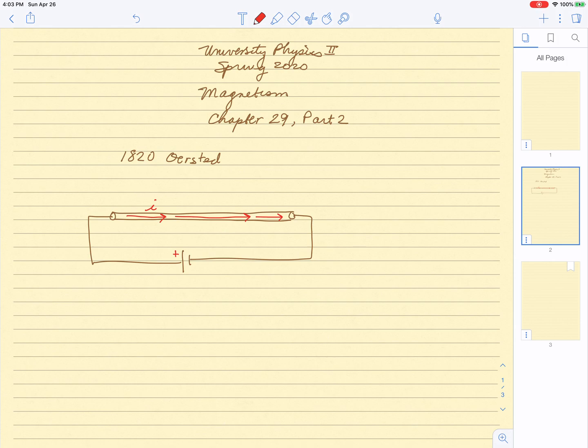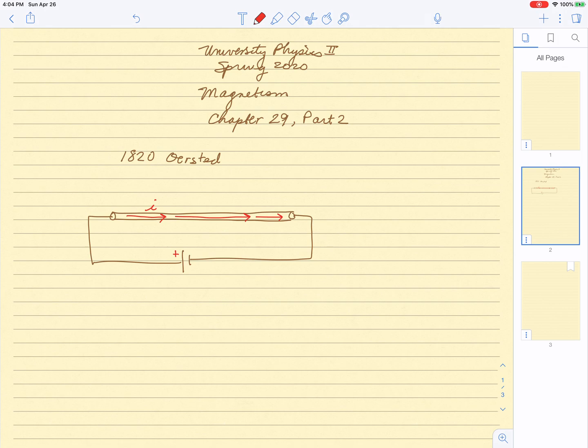And what Ørsted noticed is that when you brought a compass near that wire, the compass responded. And you hopefully saw what happened to the compass needles when I turned the current on and off.